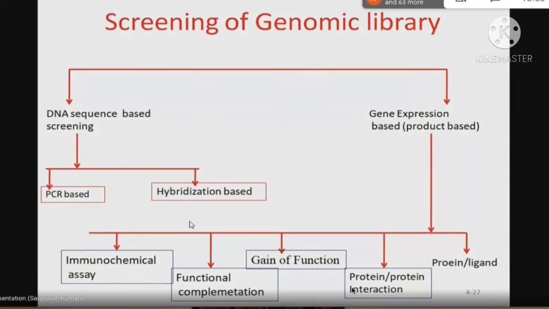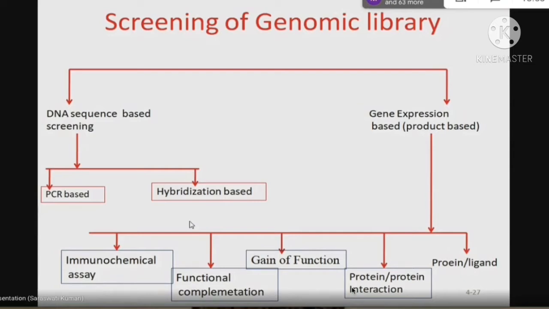Gain of function. What is gain of function? In functional complementation, we add the gene which was missing in that organism. The lost gene we add from outside, so that it restores normal function and starts performing normally.